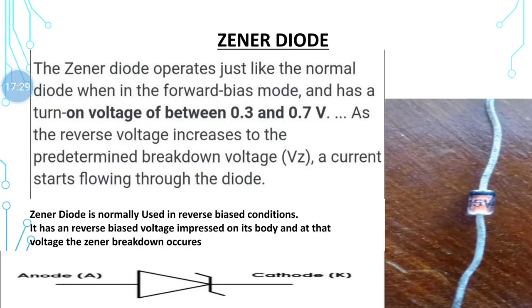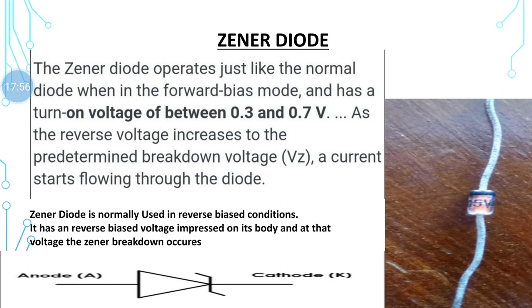Zener diode. A Zener diode operates just like the normal diode in the forward bias condition, whereas it is normally used in a reverse bias condition. The voltage may be seen imprinted on the surface of the diode. Here you can see a voltage of 5 volt imprinted on the body of the diode.